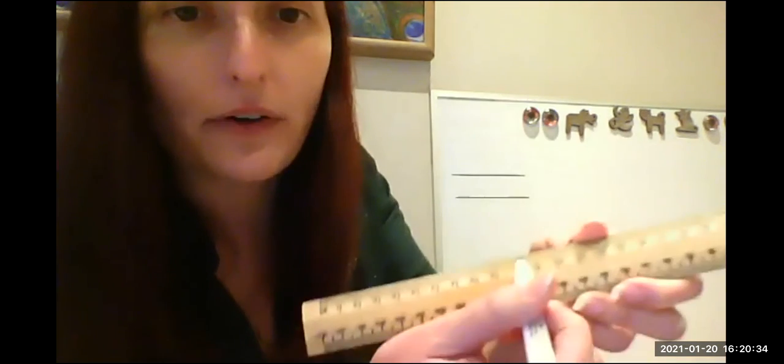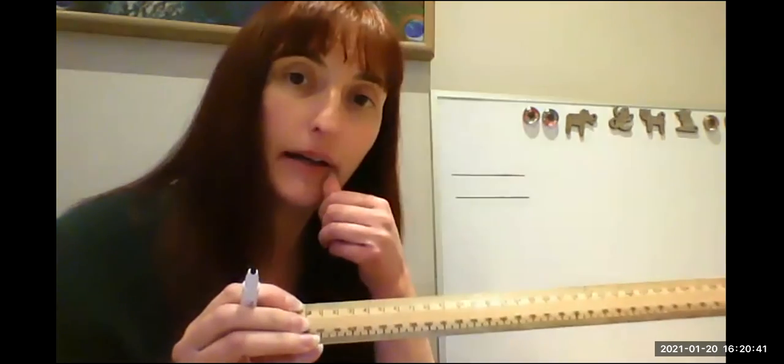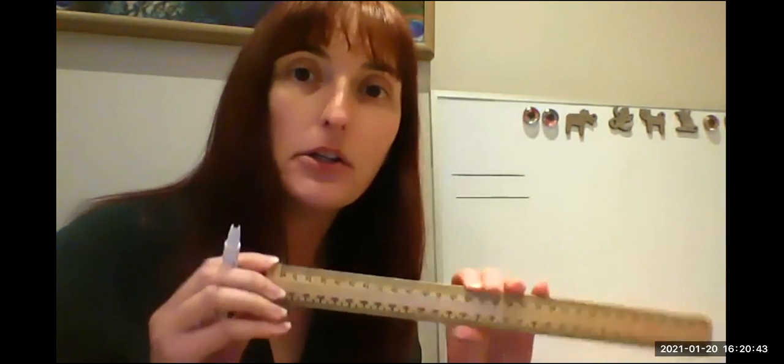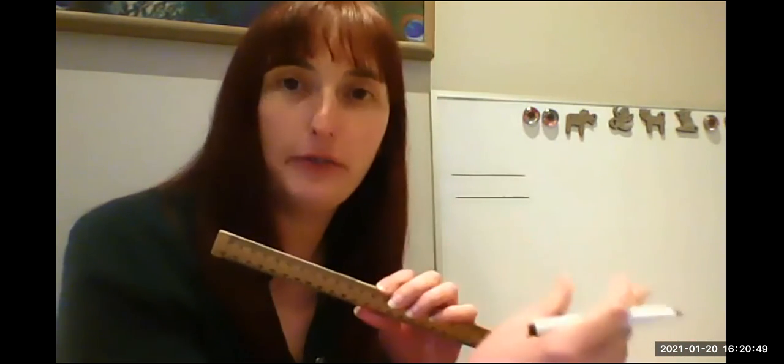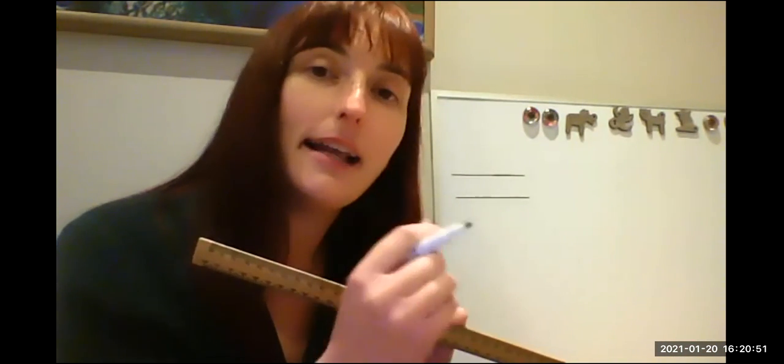I count those very little lines in between, okay? That would be how I work out millimetres as well. Some of you, if you choose the challenge sheet, will be doing 10.5 or 9.5. There'll be a 0.5. That 0.5, remember, is telling you how many millimetres.